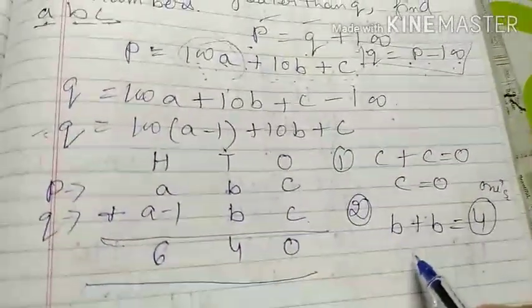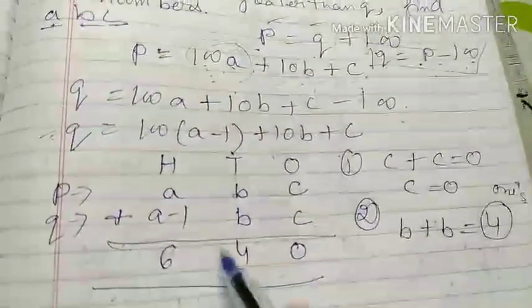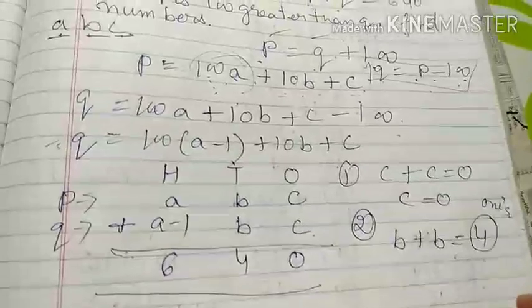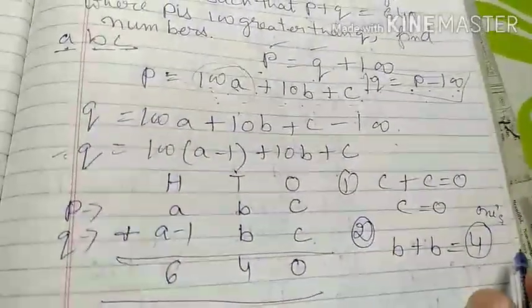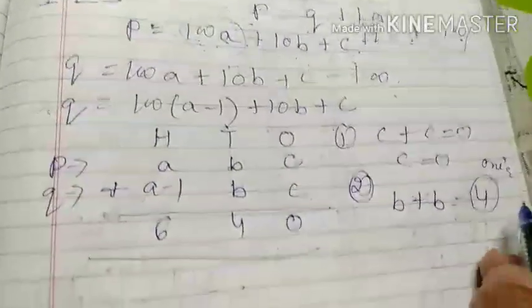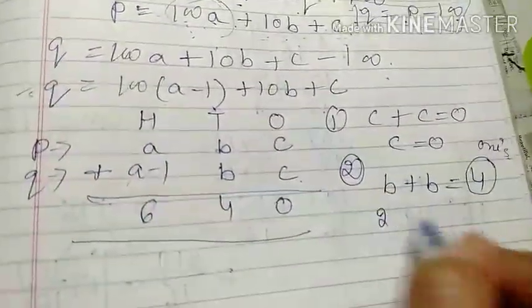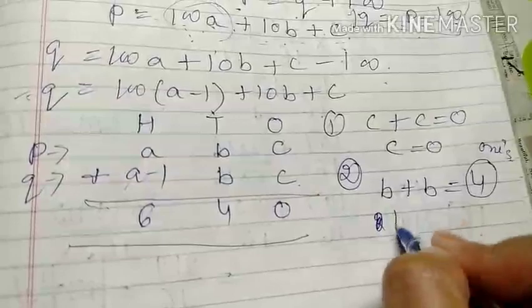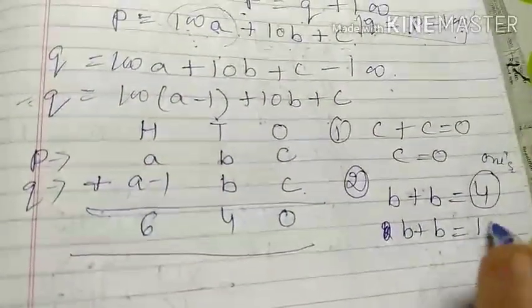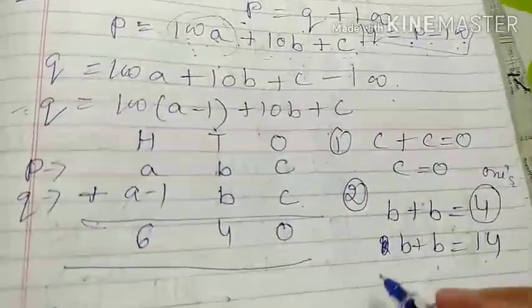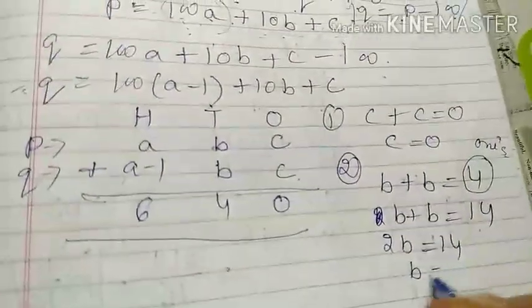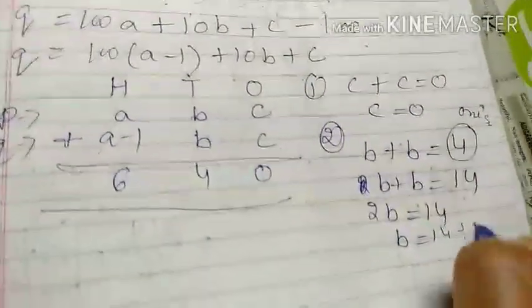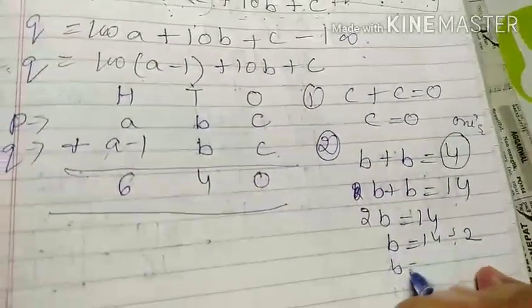Here we can't consider 2 plus 2 because it will not balance with A further. So after 4, the next number whose unit place is 4 is 14. So B plus B is equal to 14, 2 times B is equal to 14, then 14 divided by 2 gives you 7.